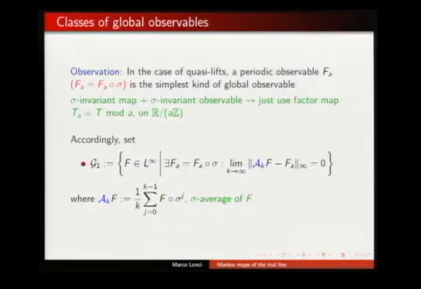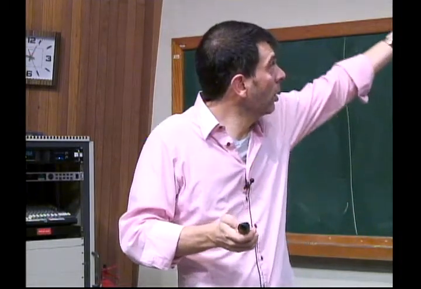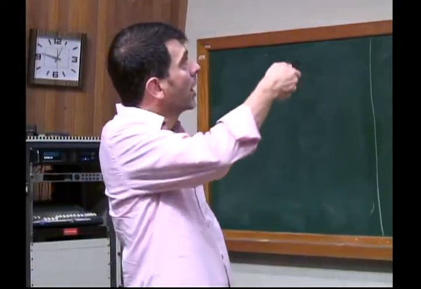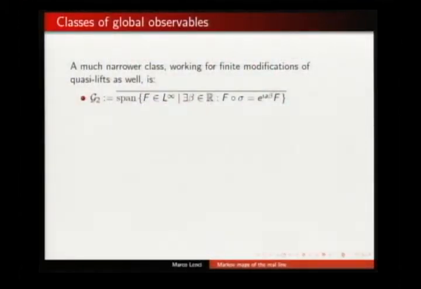That will work. So for instance, quasi-periodic observables, and I'll give you one example in the next slide. Other types of random observables which do not oscillate differently in different regions of the phase space will all fall in this category, which I call G1. G2 instead is the class of quasi-periodic observables.